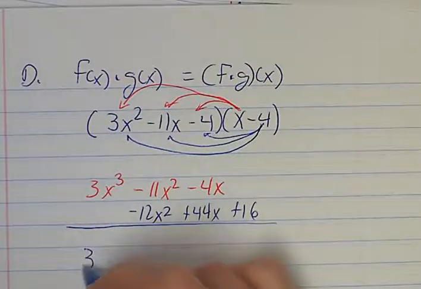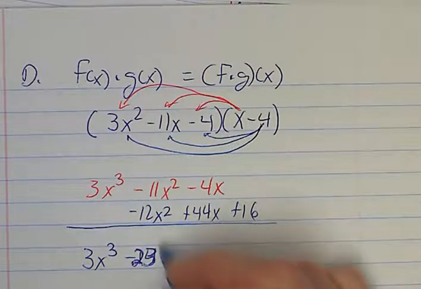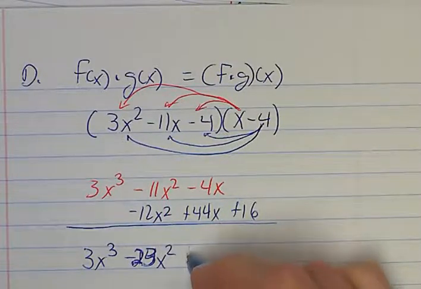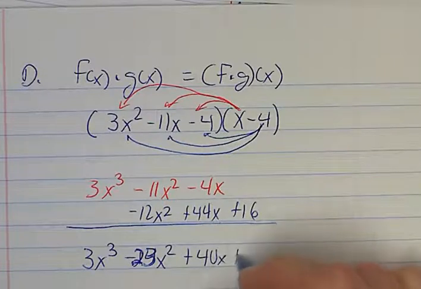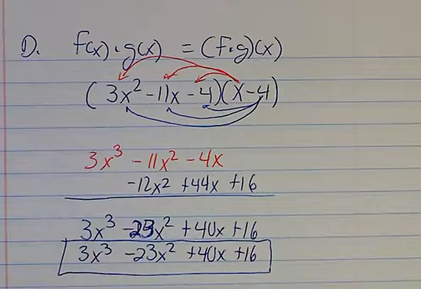So this would be 3x to the third minus 23x squared plus 40x plus 16. Okay, so there's our final answer.